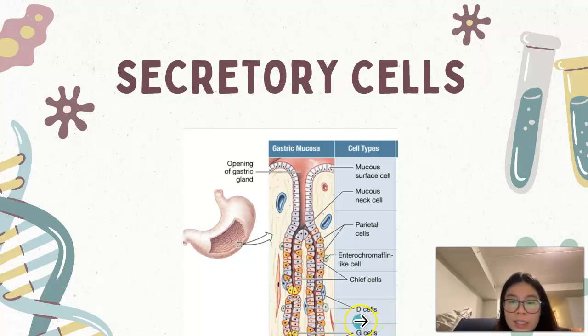And then above that, D cells. D cells are used to regulate this activity when there's enough hydrochloric acid in the stomach. Chief cells are used to break down proteins and fats. Parietal cells help to secrete more hydrochloric acid, as well as complexing with vitamin B12 to allow for absorption.